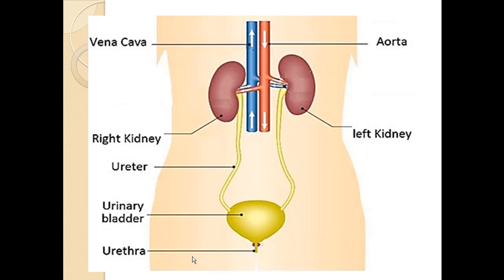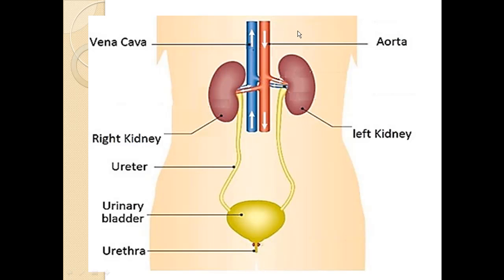Here is your urinary system, and it is found at your back in the abdominal cavity. Here are the two kidneys, which are the main organs in the urinary system that clean the blood and collect the excess salt, excess water, urea and uric acid in the form of the liquid known as urine.